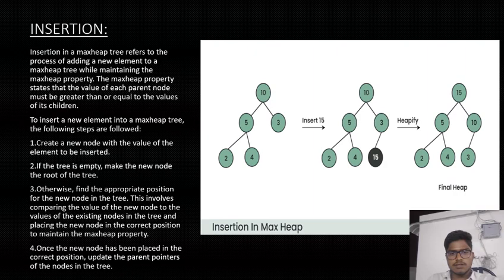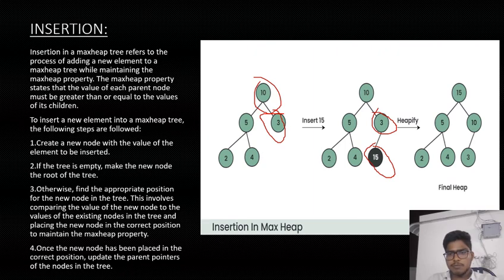First of all, here is the leaf node 3, which is the child node of parent node 10. If we want to insert 15, we will insert the value at the leaf node position.